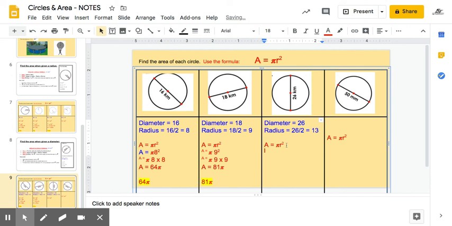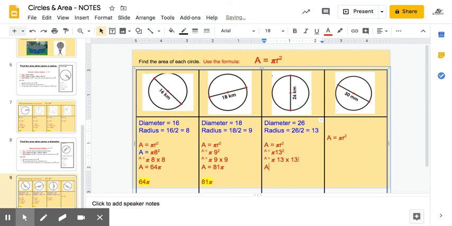So now I'm going to be plugging in 13 into my formula where I see r. I bring down the A, bring down the equal sign, bring down the pi. Instead of writing r, I'm going to plug in 13, and then I have to square the 13. So again, bring down the A, bring down the equal sign, bring down the pi again, and then 13 squared is equal to 13 times 13.